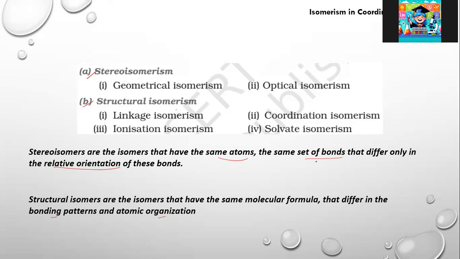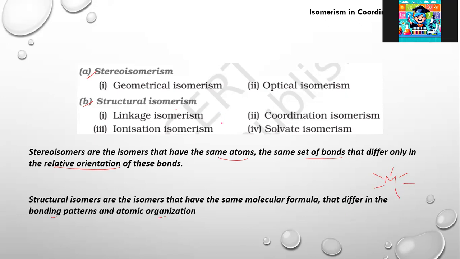Stereoisomers will have the same kind of bonds and atomic organization, but how that is arranged around a metal is different for stereoisomers.